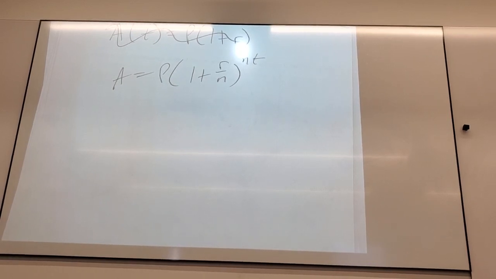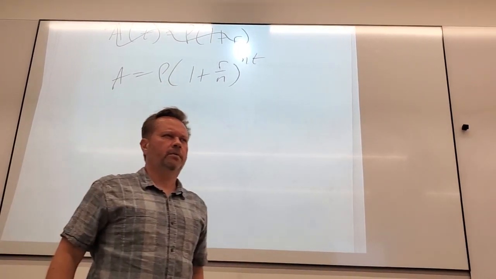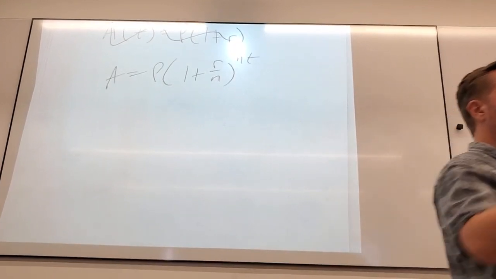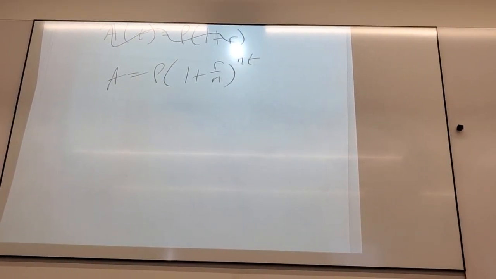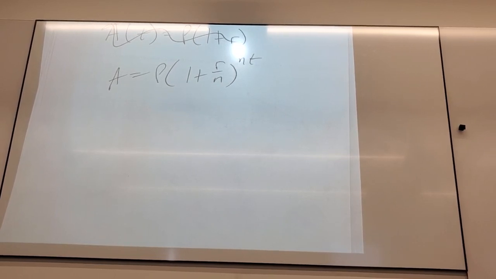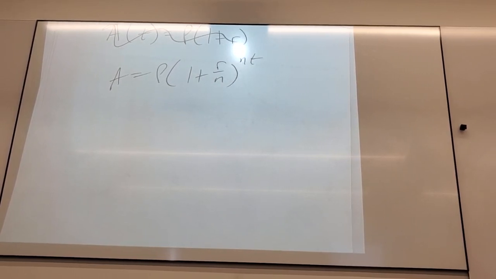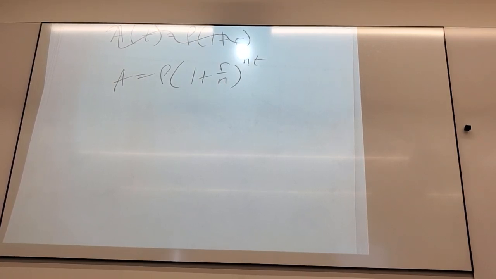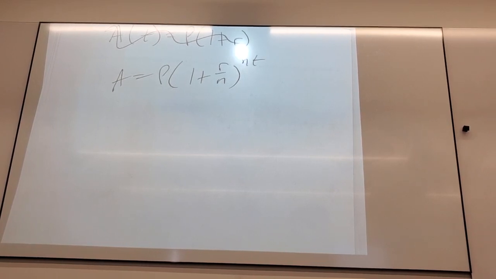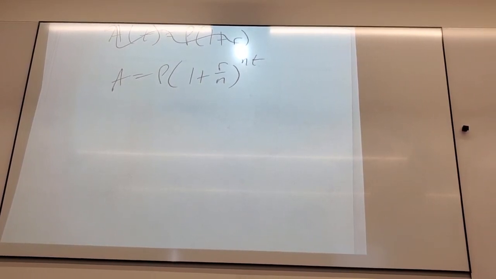Has anyone ever seen this equation before? Does this look at all familiar to anybody? Do you remember what it's for? Yeah. So P is the principal, it's how much money you put in. Let's see if this makes sense. Do any of you guys have savings accounts?